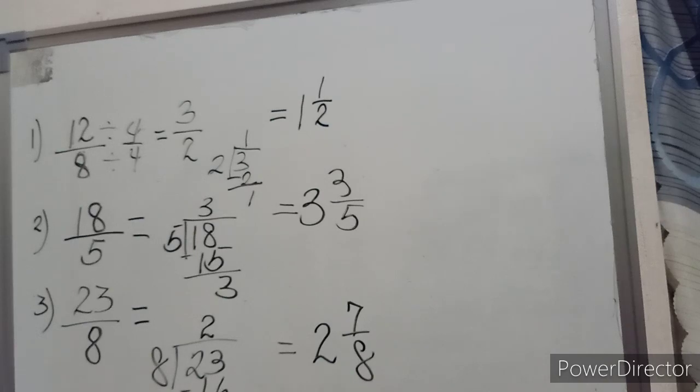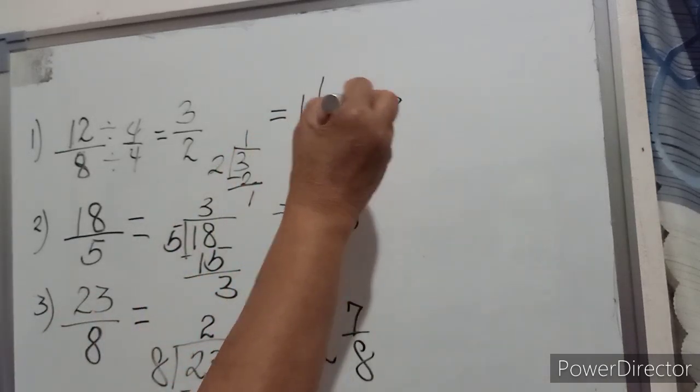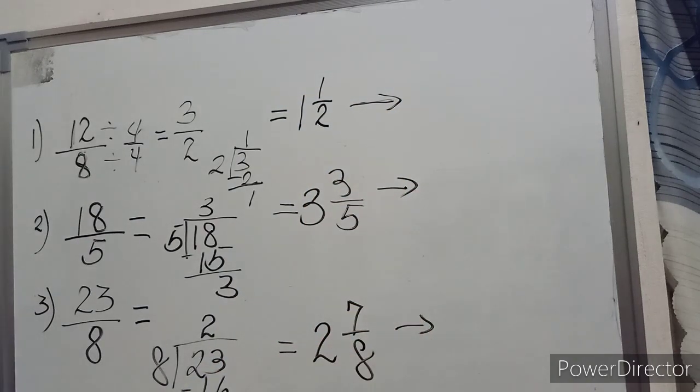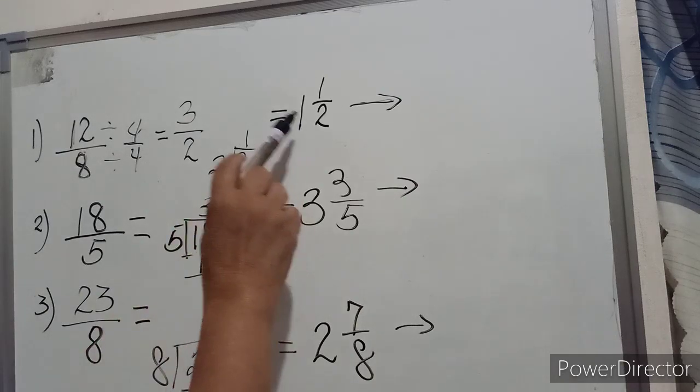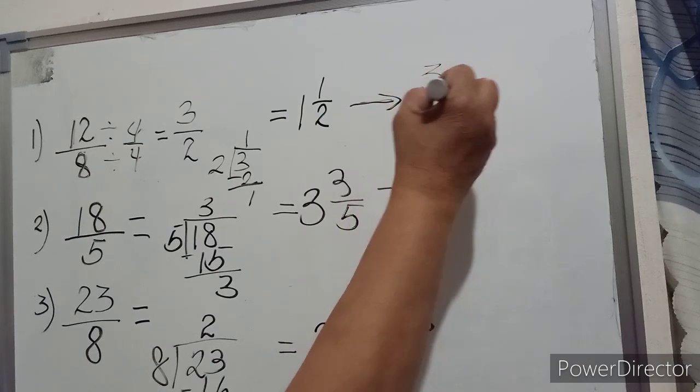Very easy, isn't it? While if you are going to change this back into its fractional form, all you have to do is to multiply the denominator by the whole number. So 2 times 1 is 2, plus 1 is 3.